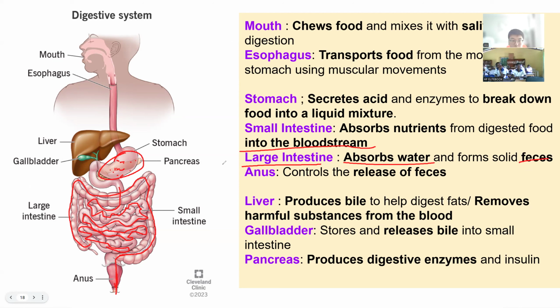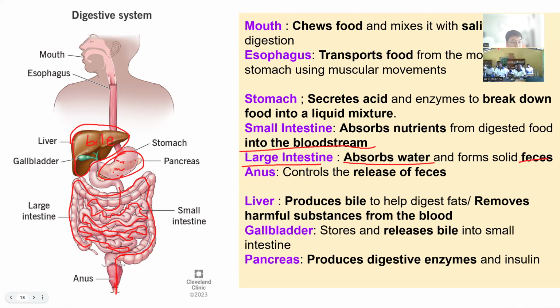But there are other parts in the digestive system that take part, like the liver, which looks like this. That is the liver, and the liver produces bile. It is connected to the small intestine.